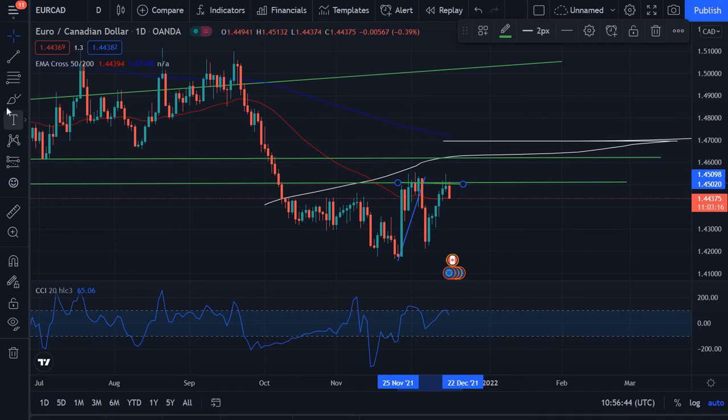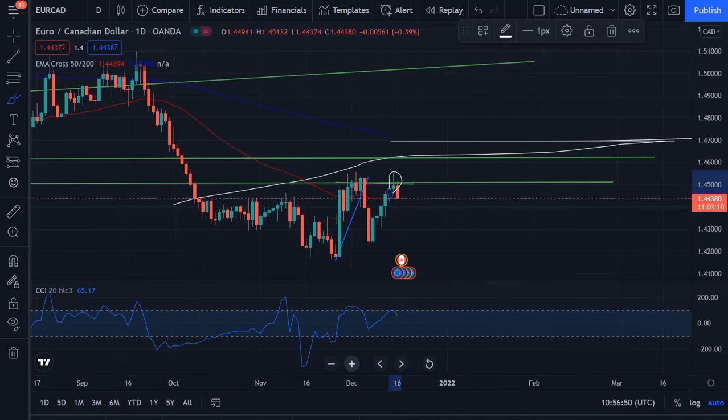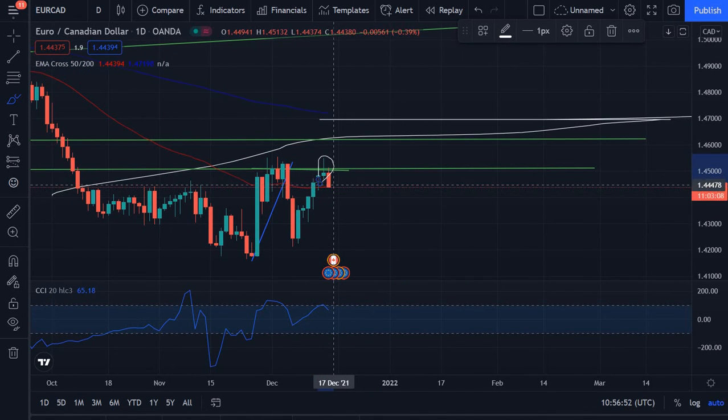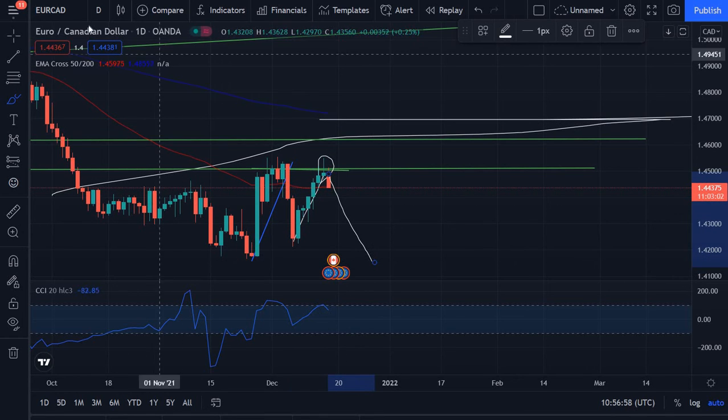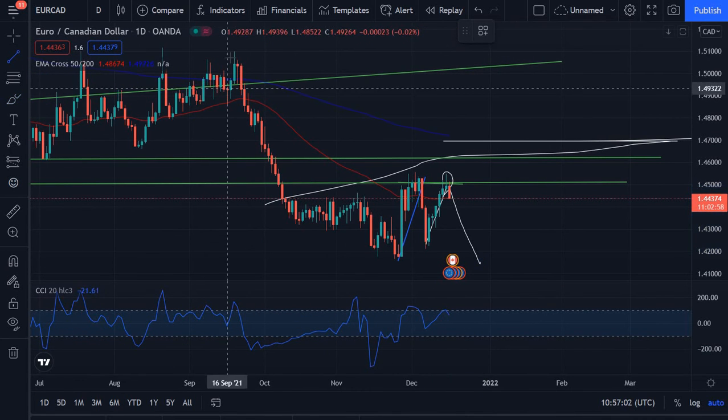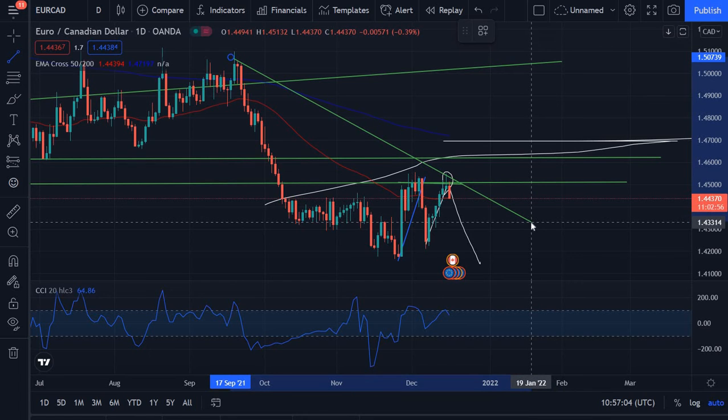Here we had this candlestick to the downside, which could show a change of trend, and here we could go all the way down to the downside. Here is this trend line.